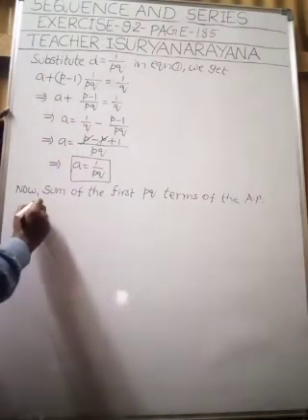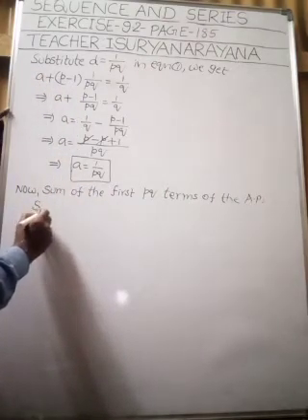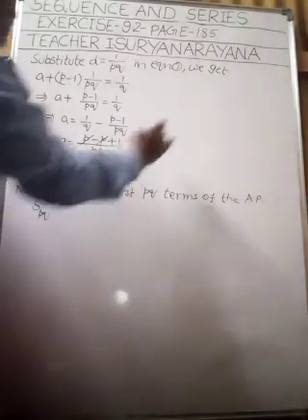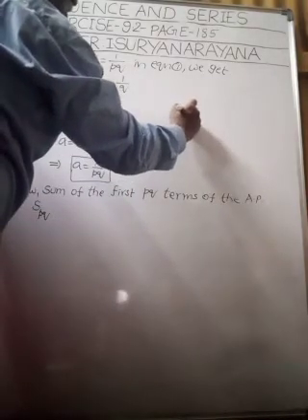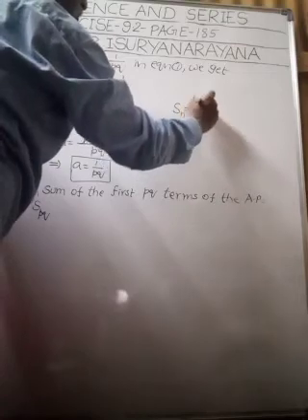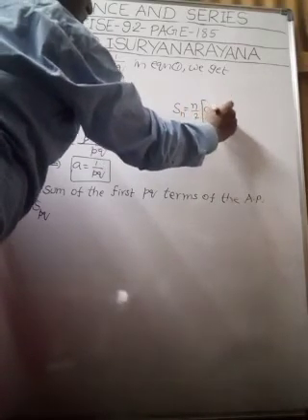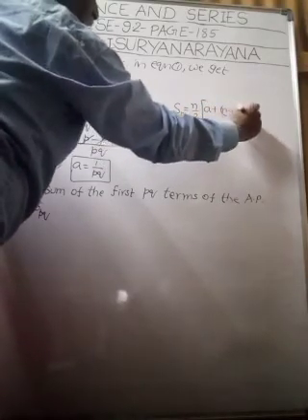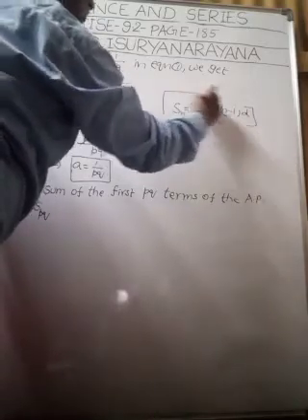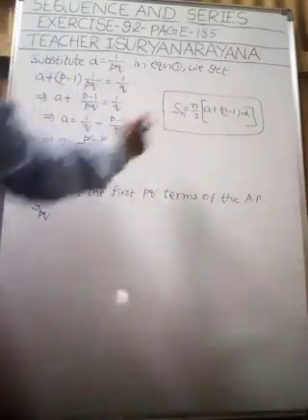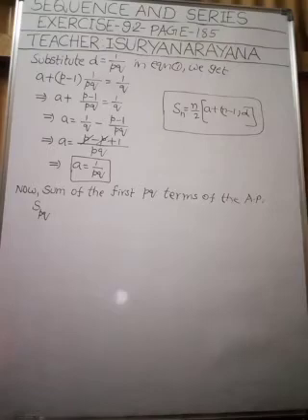It is denoted by S_PQ. Yes or no, my children? We know that Sn is equal to n by 2 into (2A plus (n minus 1) into D). Here we use this formula to find the sum of the first PQ terms.